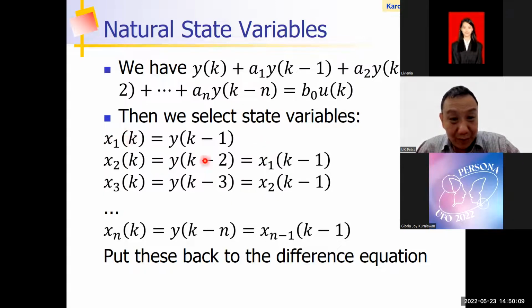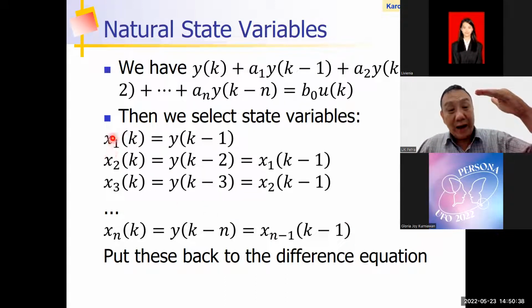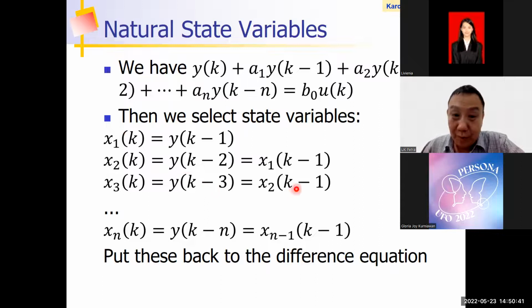So this is the same as x1 k minus 1. The same thing here. This is the same as x2 k minus 2, right? And so on. So finally you will get xn k minus n. So you can start to relate one x and the other x of different order.